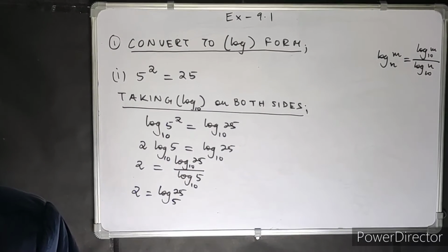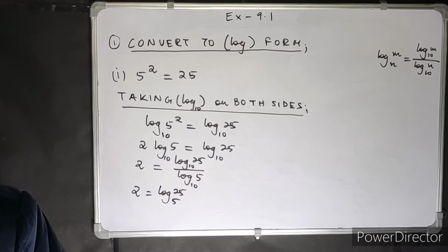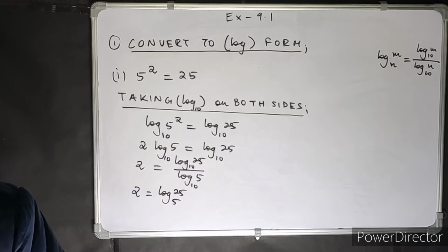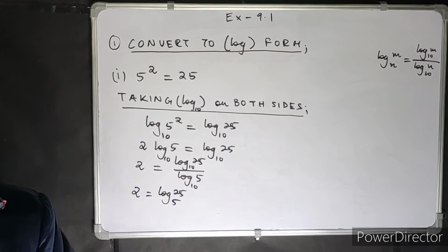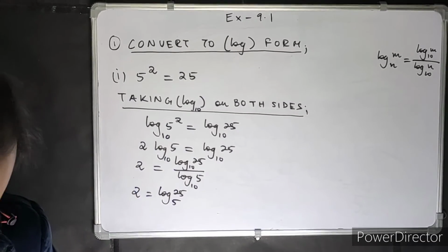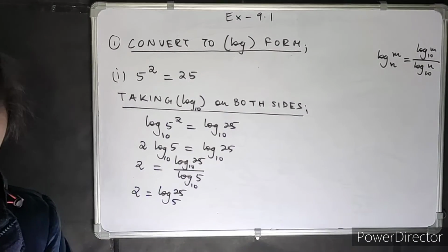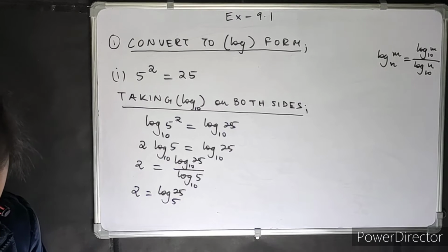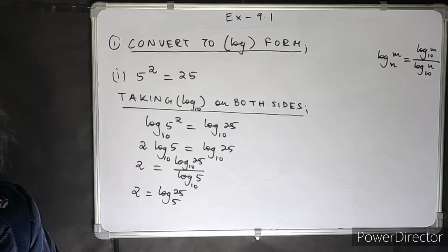Exercise 9.1. Yes, 2 is equal to log 25 base 5. Those of you who have the book, you can check the answer at the back. It's correct. We will not be doing simple questions.